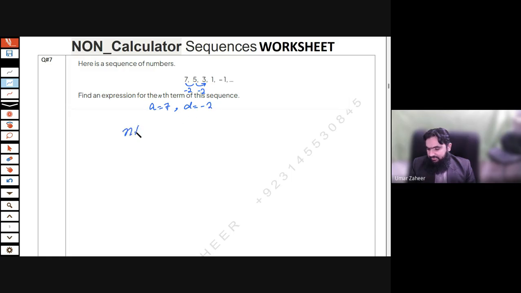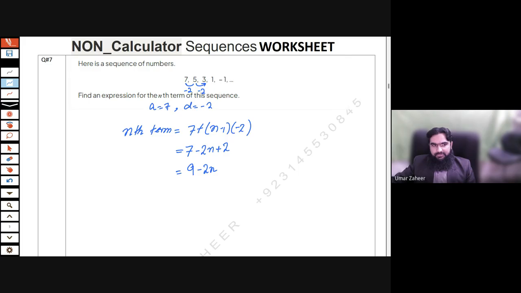The nth term is equal to a plus n minus 1 times d. So 7 minus 2n plus 2, because minus times minus is plus. So 7 plus 2, 9, minus 2n.